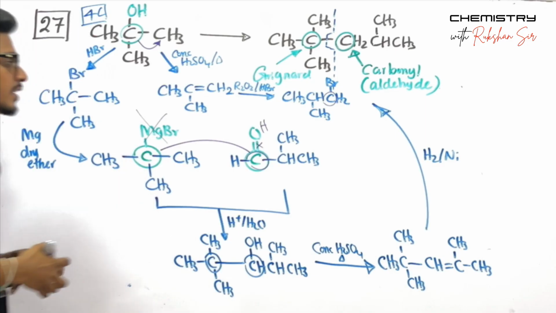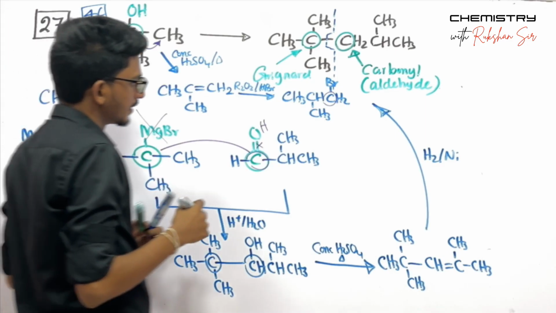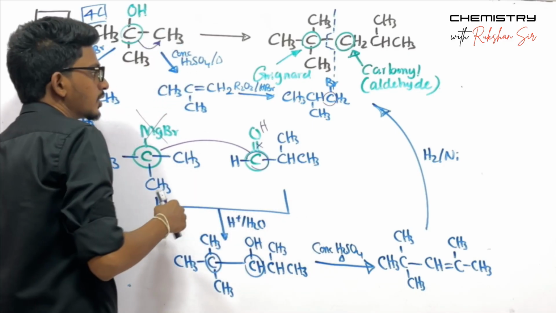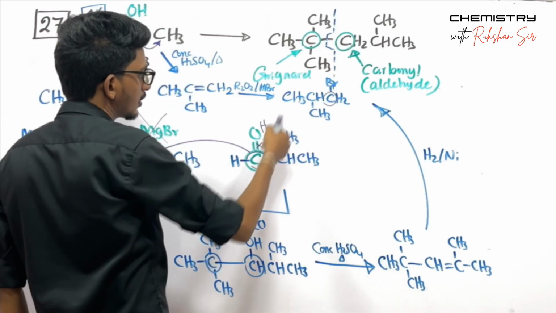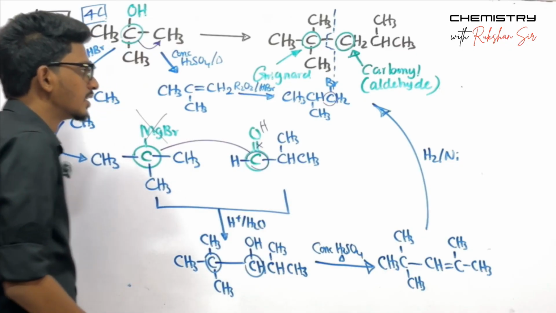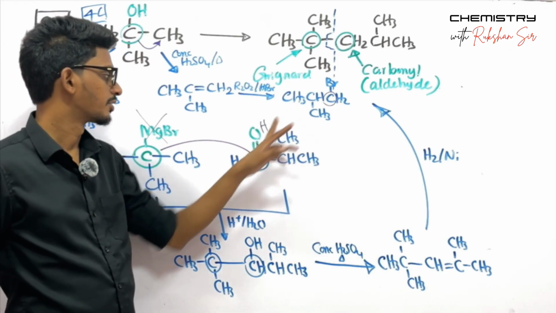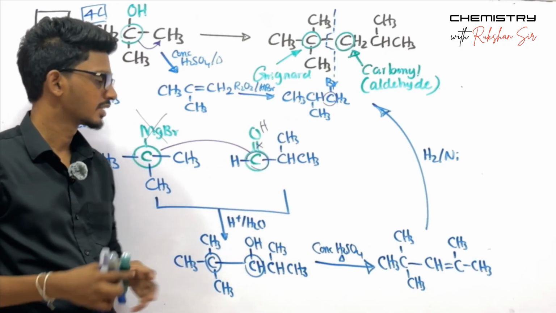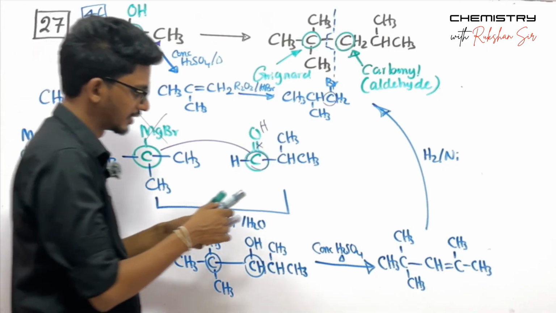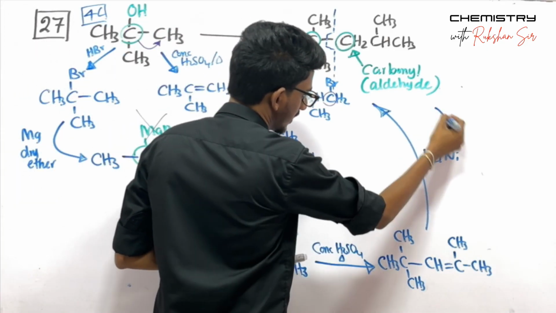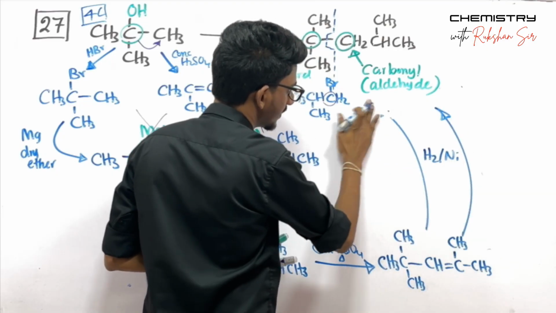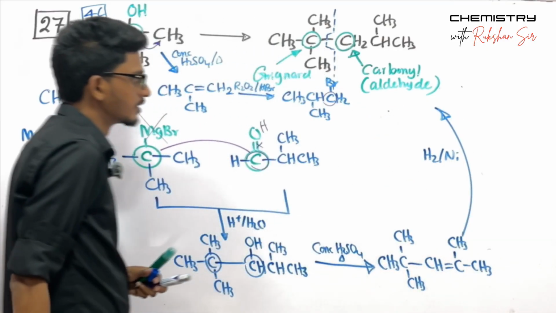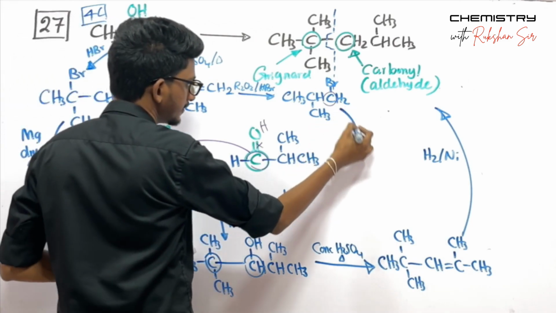So what we need to do now is convert this Br to the aldehyde. So non-oxygenated stuff to oxygenated stuff: to convert the non-oxygenated to oxygenated, definitely you need to come through the alcohol, right? So first convert this into alcohol.